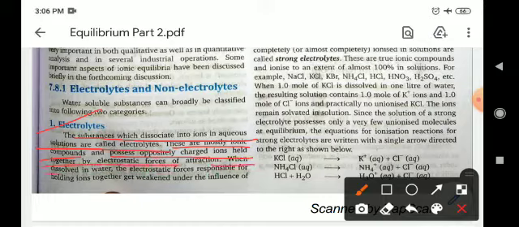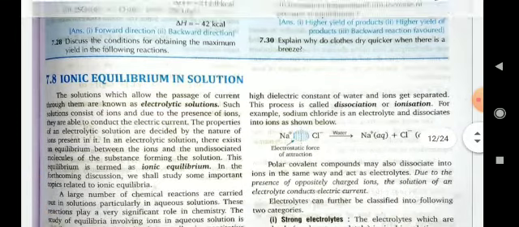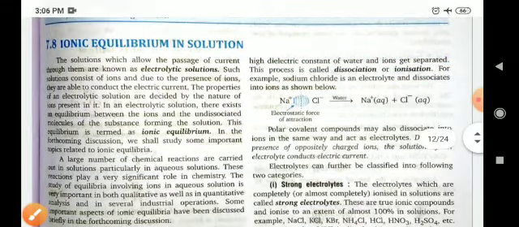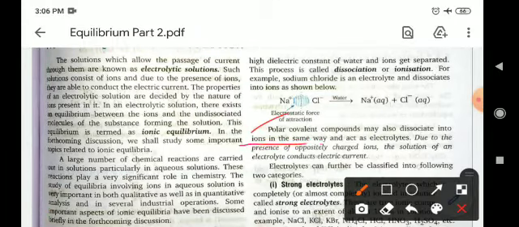When they dissolve in water, the electrostatic force holding the ions together gets weakened under the influence of the high dielectric constant of water, and the ions get separated. For example, NaCl in water breaks into Na+ and Cl- ions in aqueous medium. Polar compounds may also dissociate into ions in the same way and act as electrolytes. Due to the presence of oppositely charged ions, the solution of an electrolyte conducts electric current.